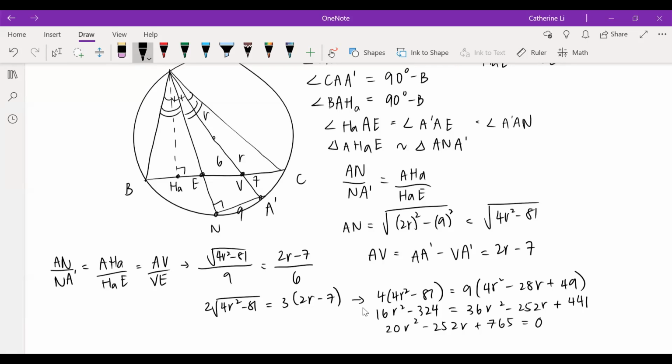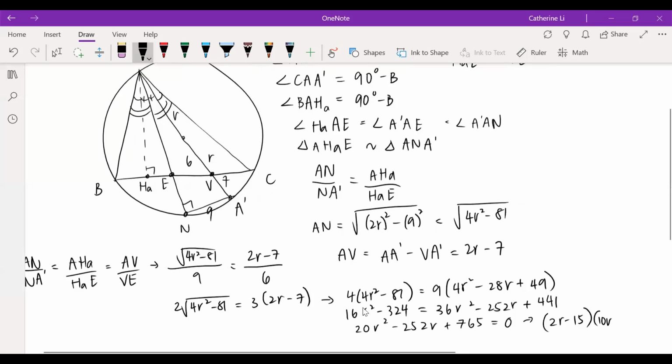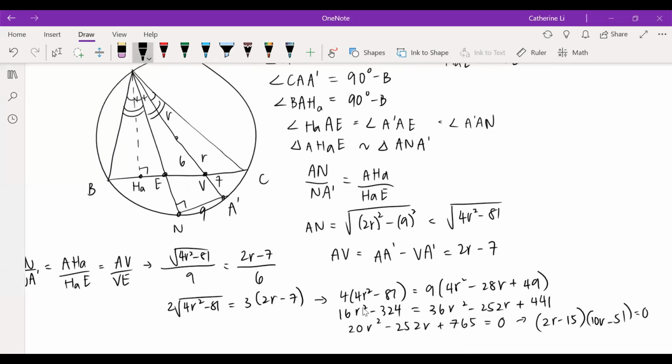We could use the quadratic formula, or we could try to find the terms that fit it. But eventually you'll get 2R minus 15 times 10R minus 51 is equal to 0.